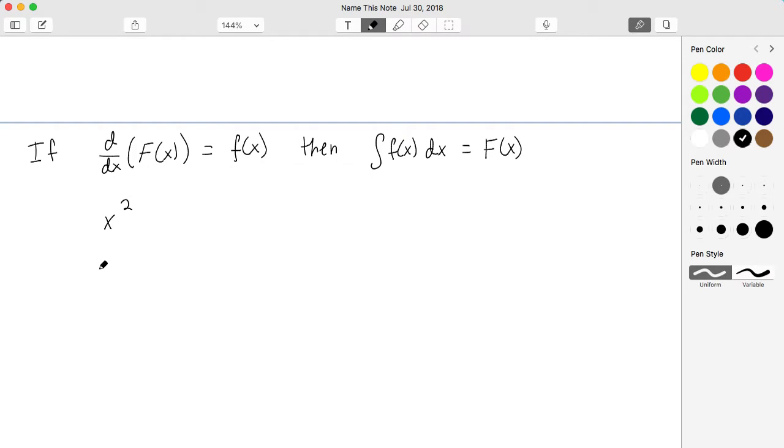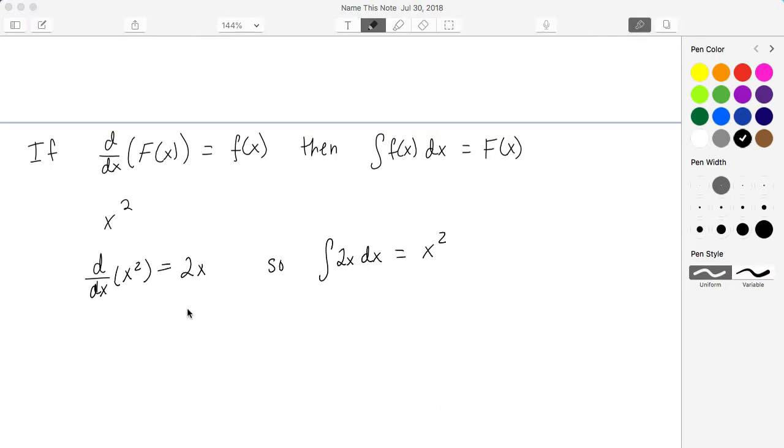So if we write this, the derivative with respect to x of the function x squared is equal to 2x. Knowing this, and using the definition we have just talked about, we can say that the integral of 2x with respect to x is equal to x squared. So there's a very close relationship between taking the derivative and then doing the integral.